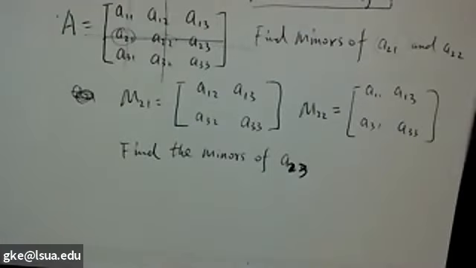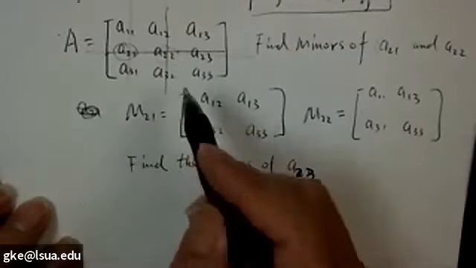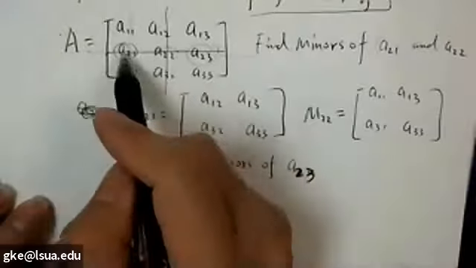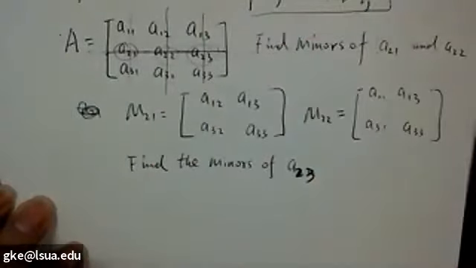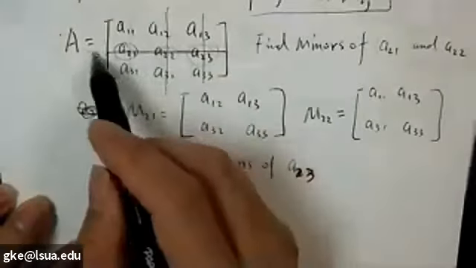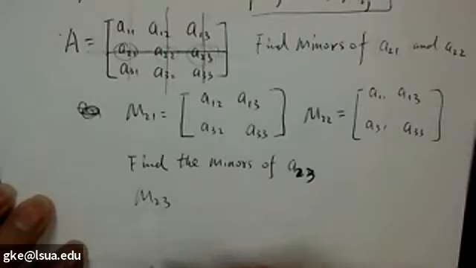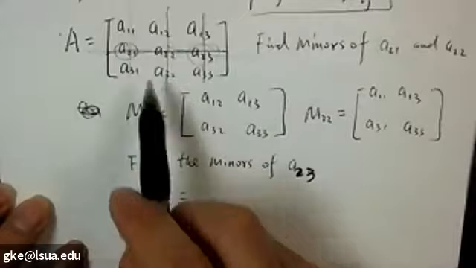Okay, I'm going to write down the answer for you guys. So for A23, the first thing you need to find is A23, which is here, right? So delete the second row and the last column. What's left is A11, A12, A31, A32.